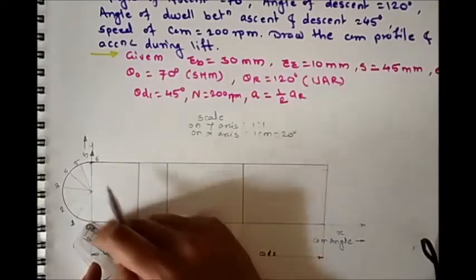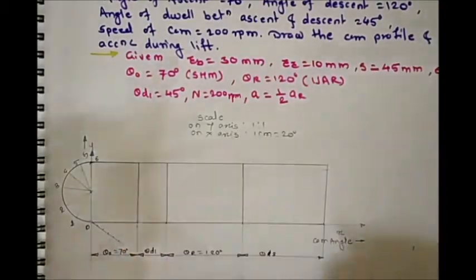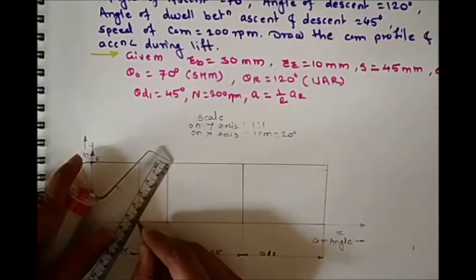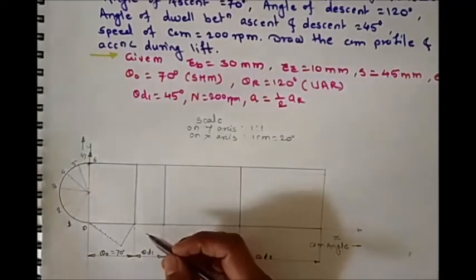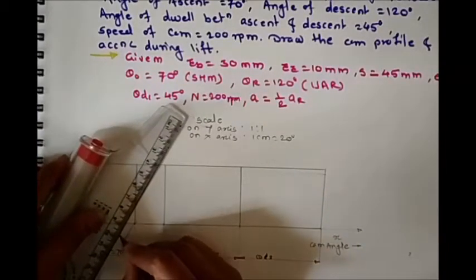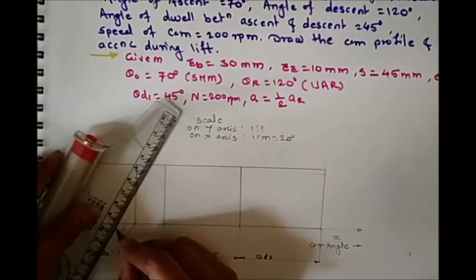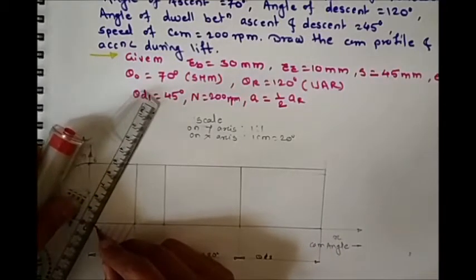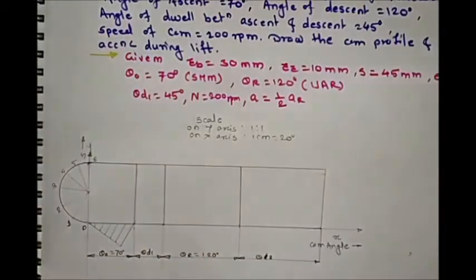Just draw a line of 3 centimeter at any angle, then join this last point with the end point of the outstroke, then draw parallel lines from the marking dividing points, which cut your outstroke length into equal even number of parts.